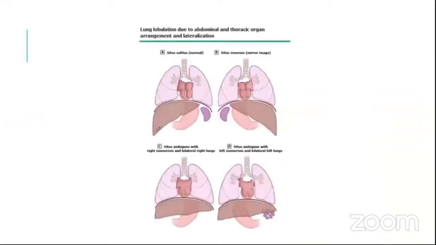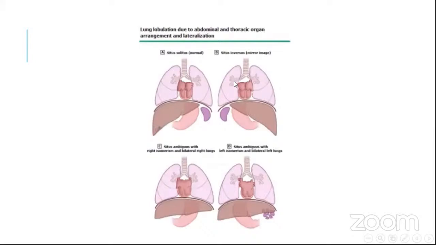This is the relation between the lung and the liver and other structures with isomerism. In case of situs solitus, normal arrangement, we have the right lung trilobed and the left lung bilobed, with the liver on the right side and spleen on the left side. In mirror image, we have the reverse.